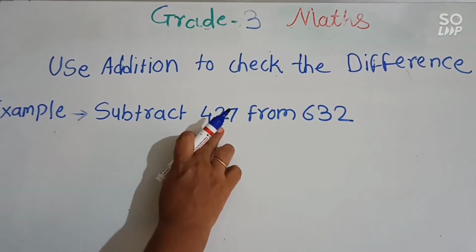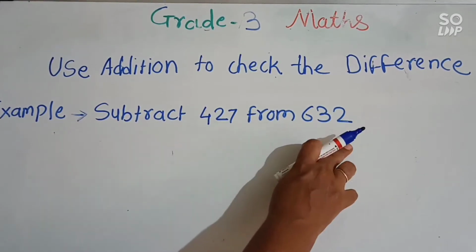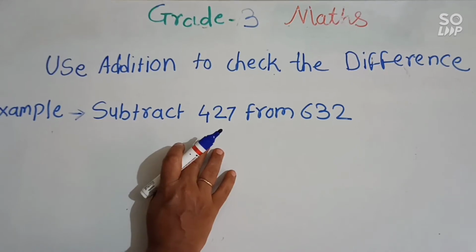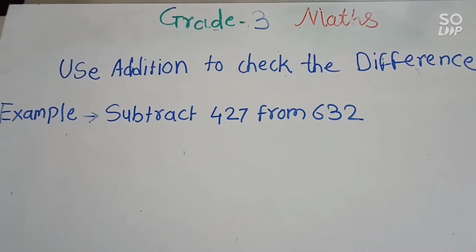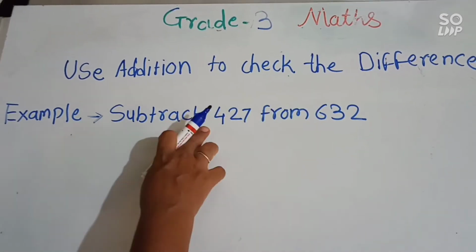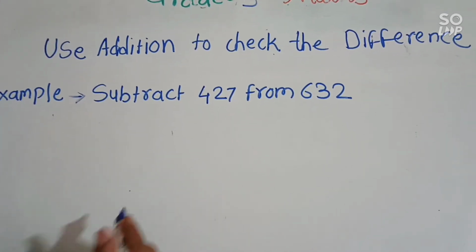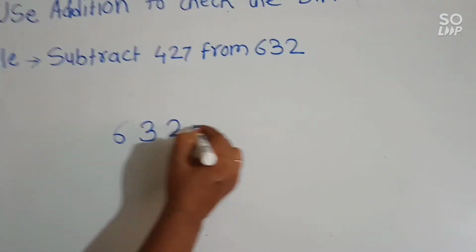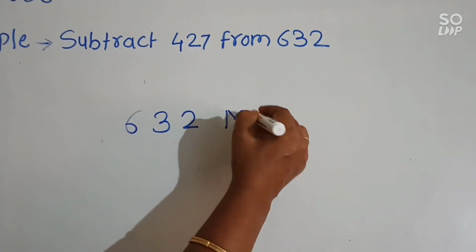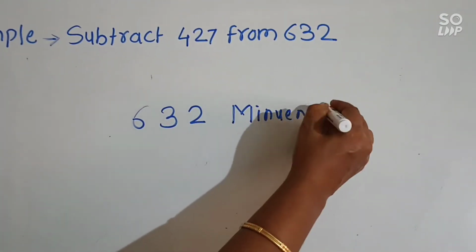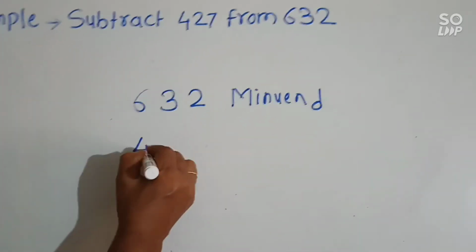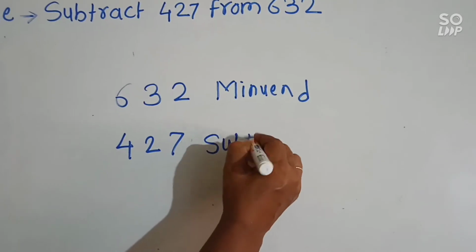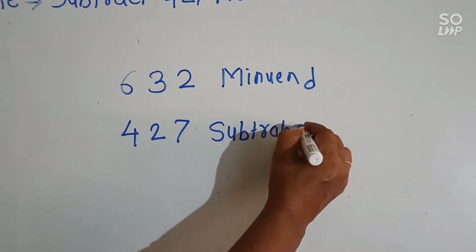Subtract 427 from 632. We have to subtract 427 from this number, the larger number minus the smaller number. This larger number is the minuend, and this 427 is the subtrahend.